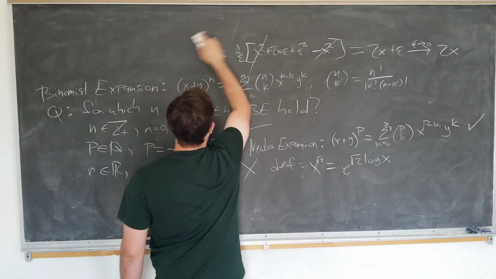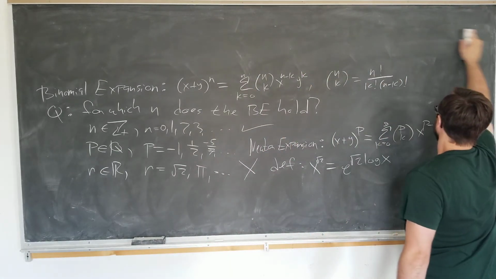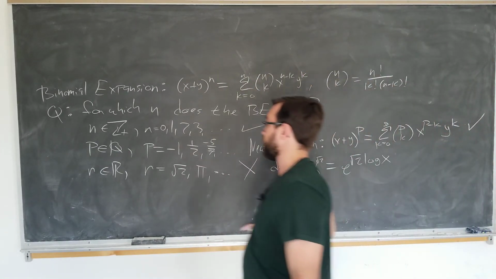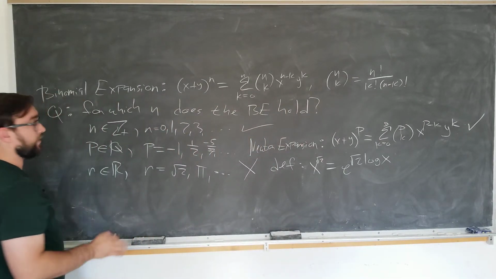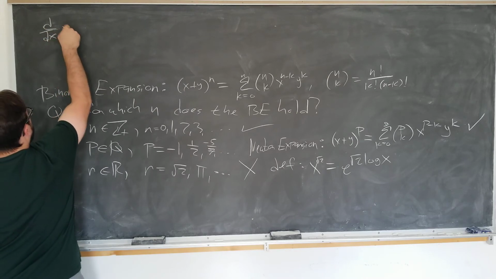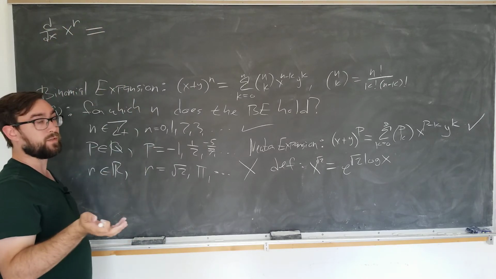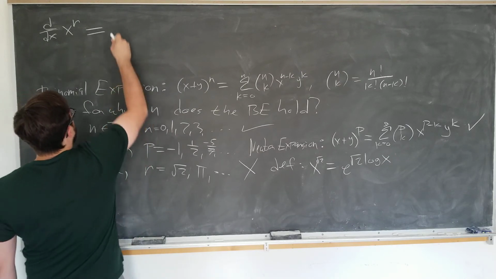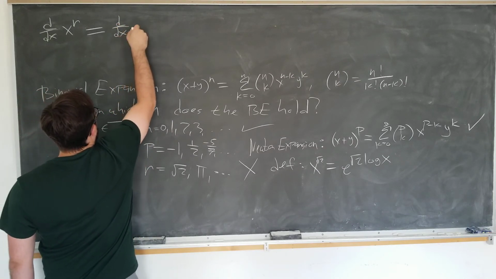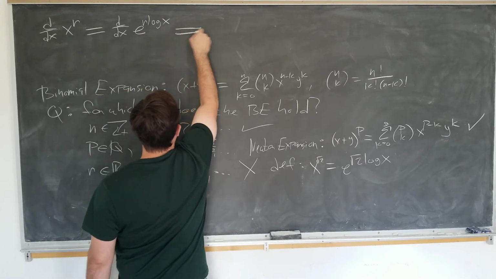It's the same in both the math and the physics courses. It's not that interesting, but it's important to know. So here's how we can get all the real numbers. Take the derivative of x to some real number r now, so r can be the square root of 2 and so on. The derivative of x^r is defined to be the derivative of e^(r log x), which is pretty simple.